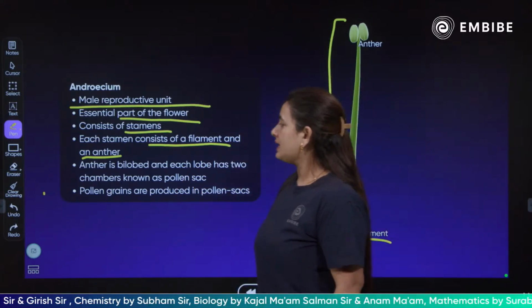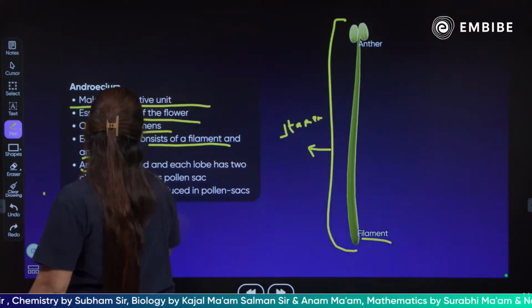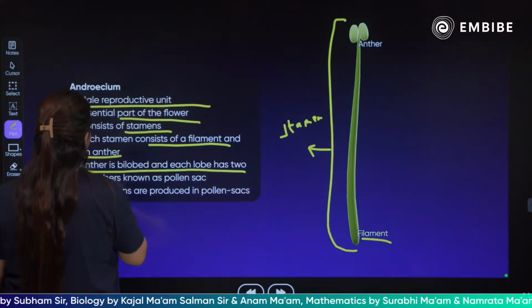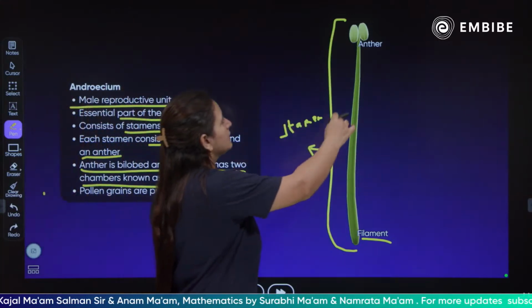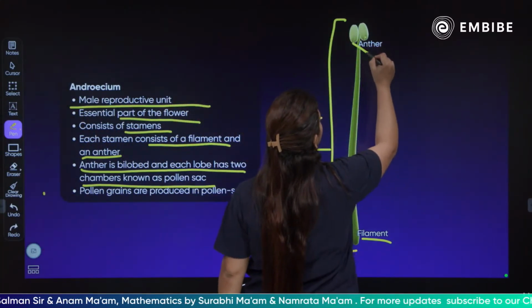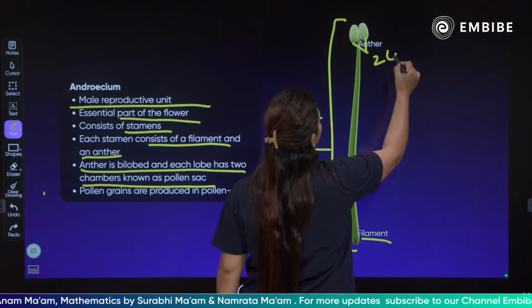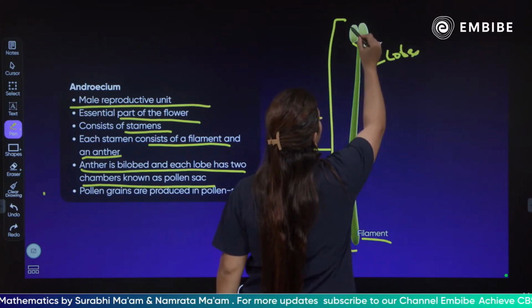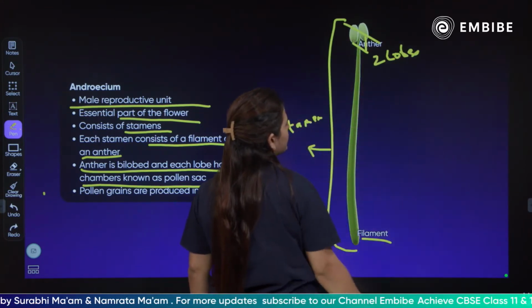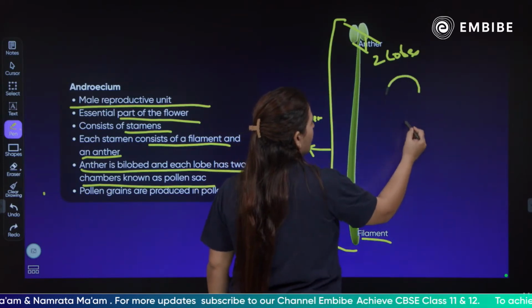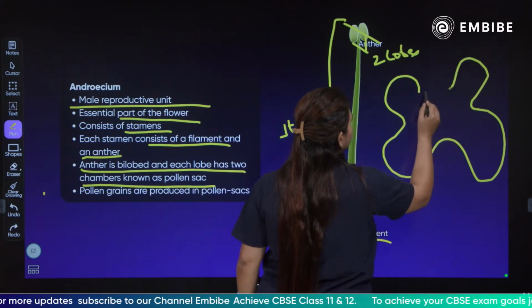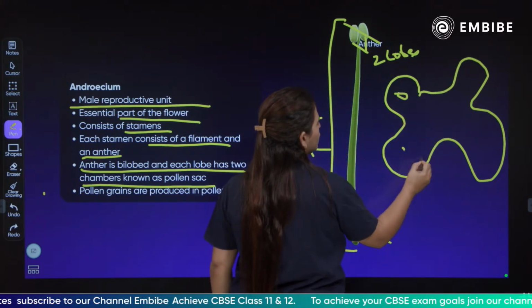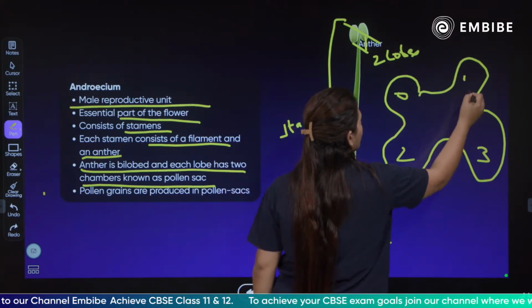Okay, what is anther, children? I can say anther is bilobed, and each lobe has two chambers known as pollen sacs. If you just cut, you can see two lobes are there. If I cut this lobe in a transverse section, I will see there are four pollen chambers: 1, 2, 3, 4.